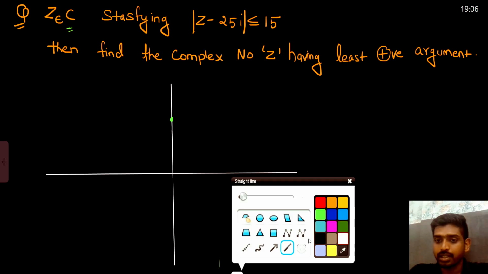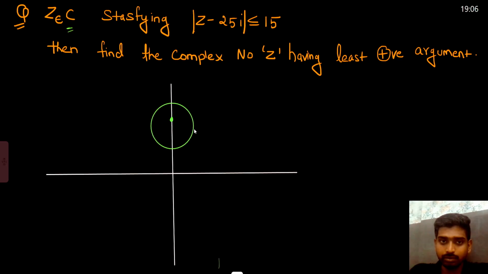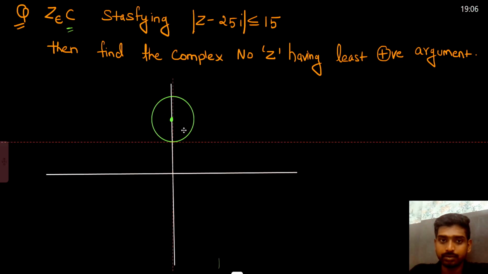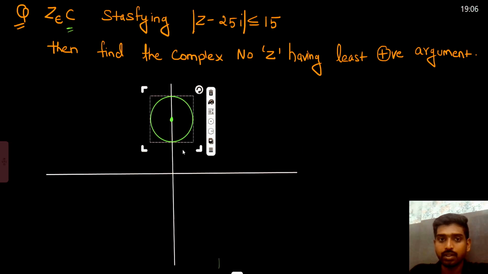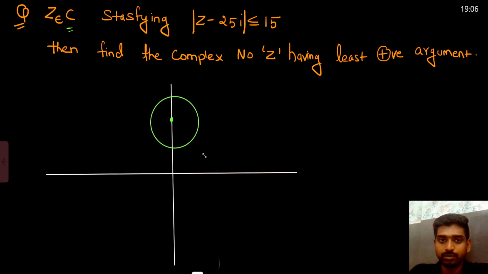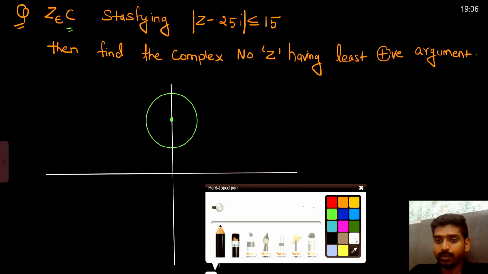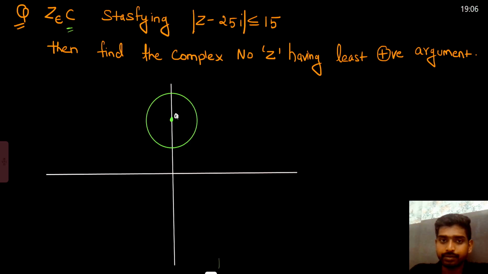And the radius is 15. So the center is 0 comma 25 and the radius is 15 units.